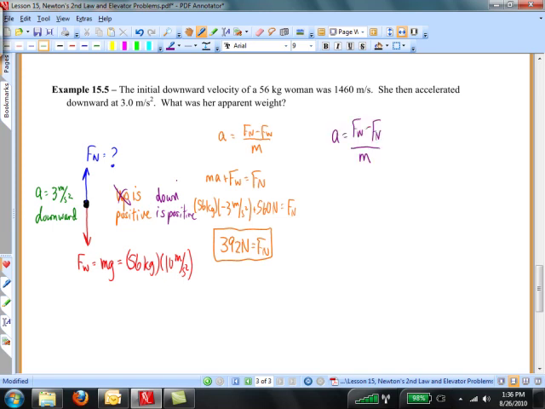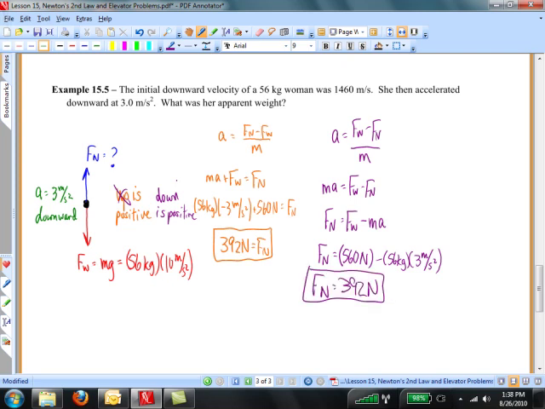Since the acceleration is in the same direction as the positive direction, when I put the number in for the acceleration, I'm going to put a positive 3 in this case. There are a couple of steps of algebra in which I've solved for the normal force. Now I'll feed in the numbers. Notice I've put a positive number in for acceleration because the acceleration is in the same direction as the positive direction in this part, the way that I'm solving it here. And I get the same answer, 392 newtons.